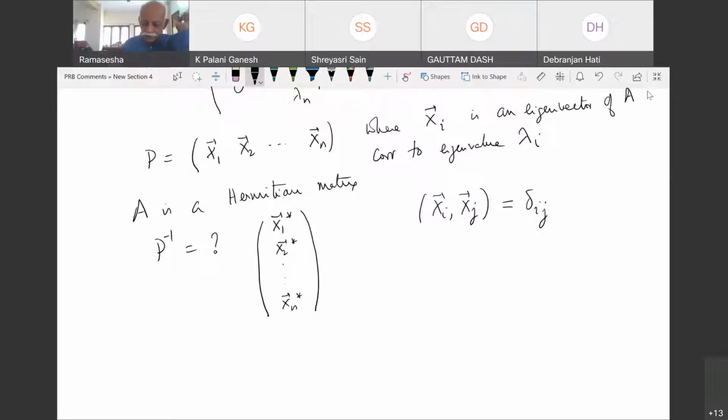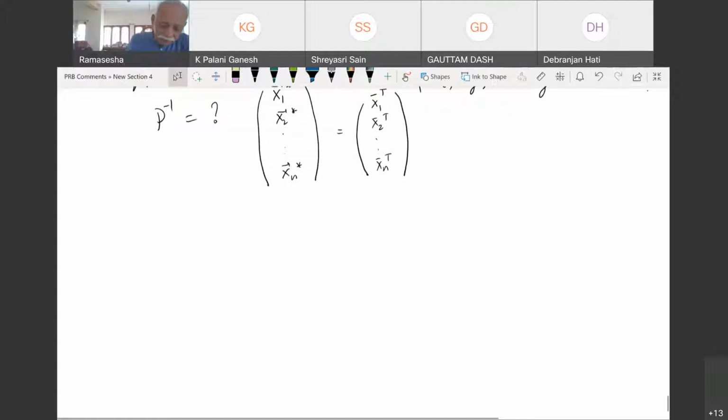Earlier x1 was a column vector, and x1 star is a row vector, or I can also write it in the usual notation as x1 bar transpose, x2 bar transpose, up to xn bar transpose, because the transpose of a column vector is a row vector. So x1, x2, etc. are all column vectors, and x1 bar transpose, x2 bar transpose, etc. are all row vectors. Now let us see what P lambda P inverse is.